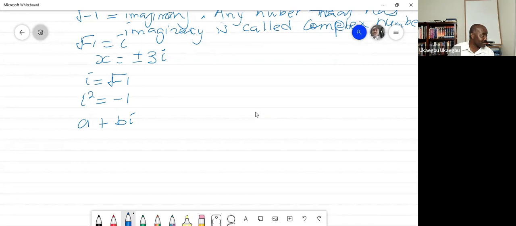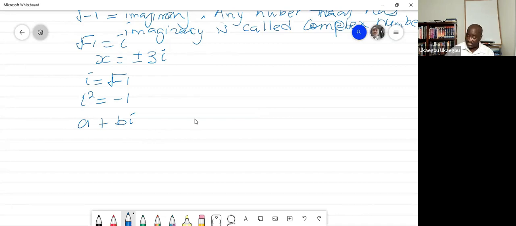Both a and b are non-zero. They can be 1, 2, 3, negative or positive. They are real numbers. Because if a is 0 and b is 0, then you don't have a number.